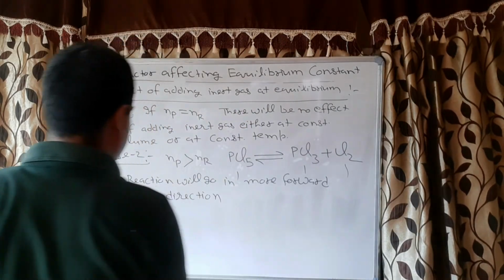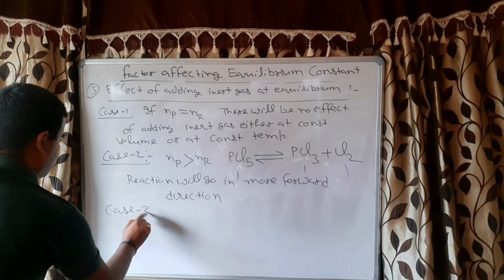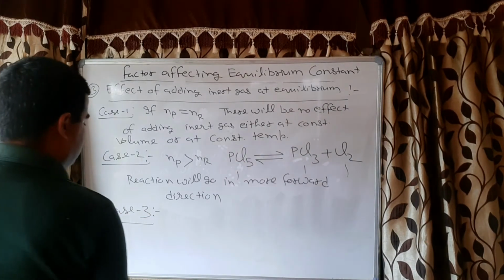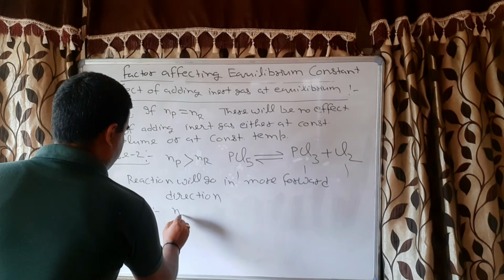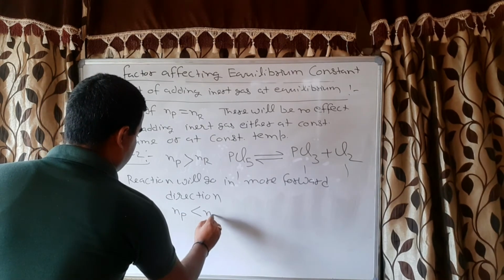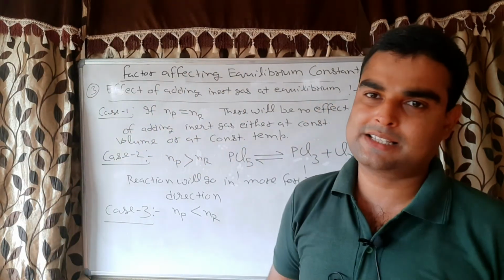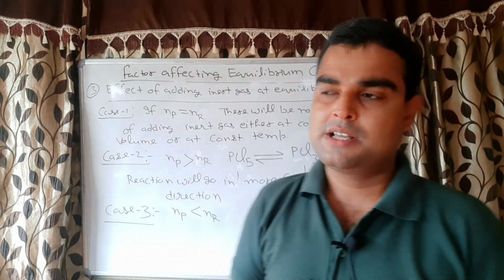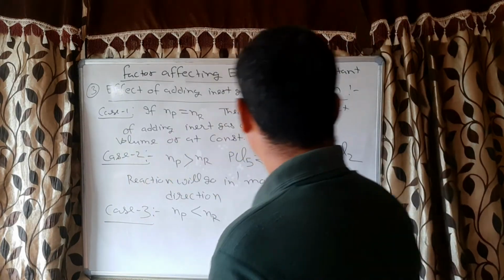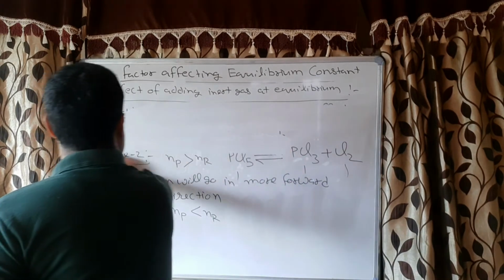Okay, now come to case 3. Case 3 is NP is lesser than NR, correct? When NP is lesser than NR, okay? Consider any case, any example.